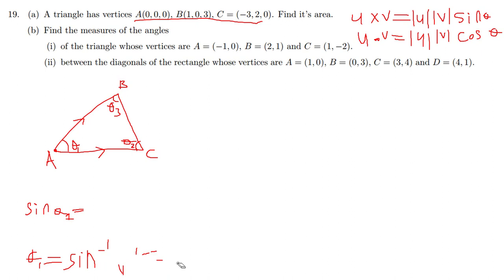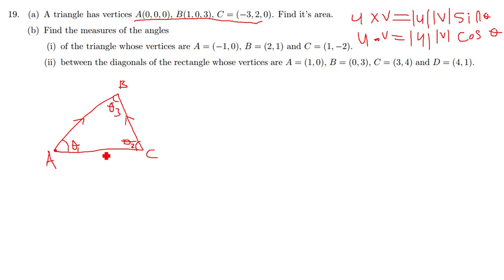Instead, you take C as your origin, meaning you are going to use CA and CB. So if we are finding theta 2 here, which is this theta, instead of using AB and AC, we're going to use CB and CA.